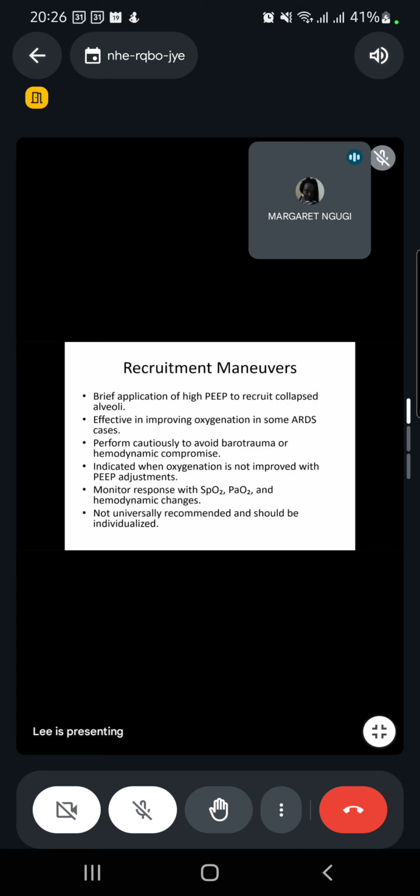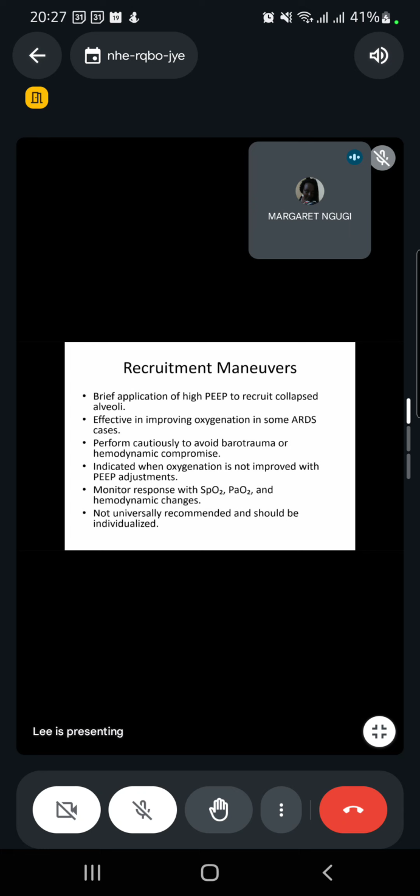Sometimes you might be ventilating this patient, and you note that your SpO2 is not rising. Our goal of ventilation in ARDS is to increase the SpO2 and reduce the work of breathing. So despite ventilating the patient and there is no improvement, there are strategies that are employed to improve ventilation.